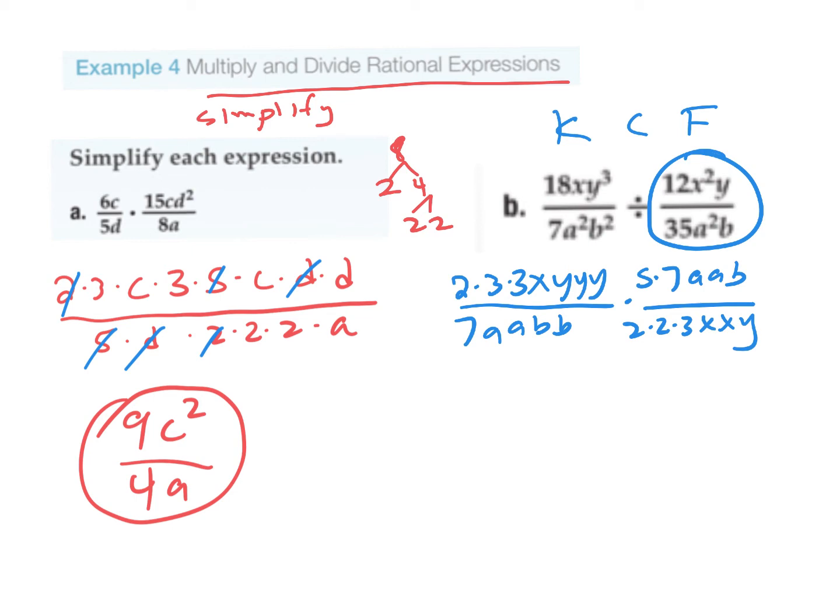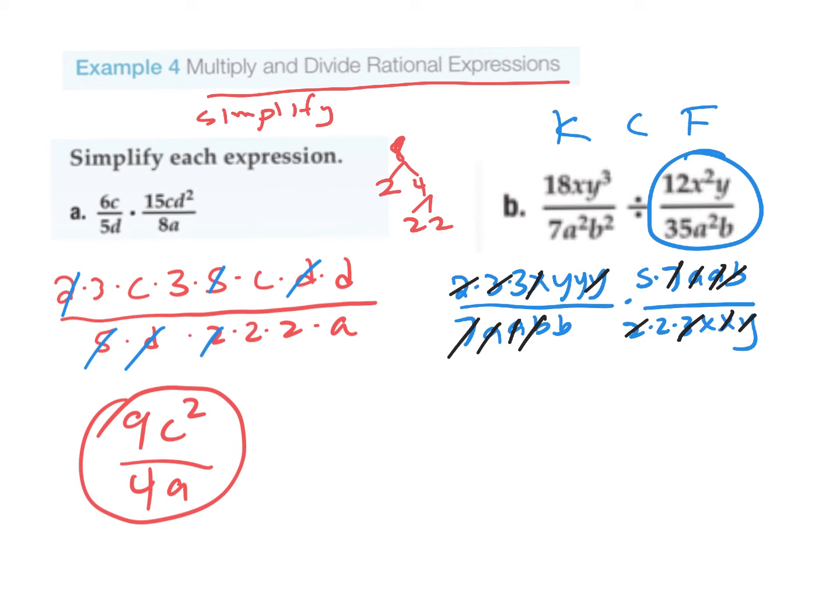So now I just go through the process of canceling out what's the same on top and bottom. So I have a 2 and a 2, a 3 and a 3, a 7. I have an A, B, B. I have this Y. I have an X. And I look at what's left over. On the bottom, I have a B. There's no other B's. On top, I have a 2.